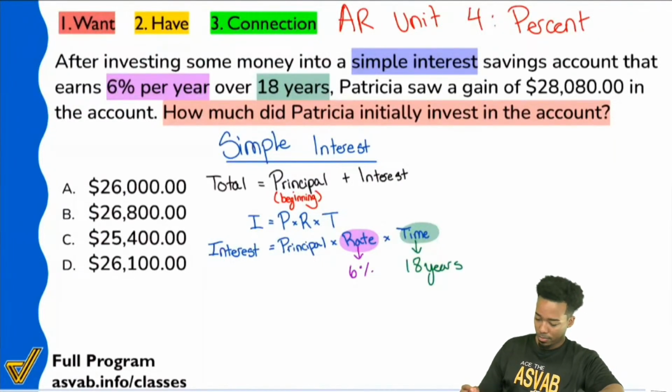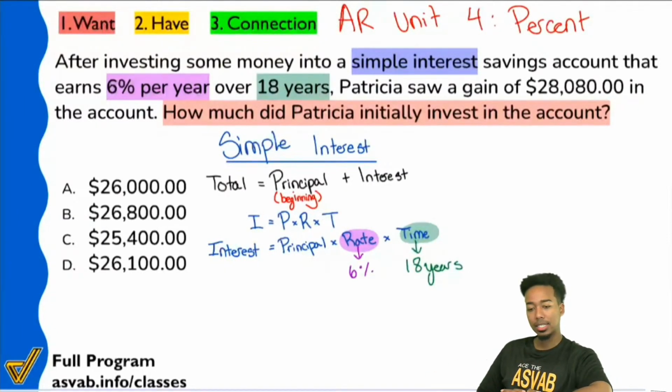All right, great. And then it says, after all this time, after the 18 years, Patricia saw a gain of $28,080 in the account. Okay, everybody, what's the $28,080 going to be? Is that the principal or is it the interest?